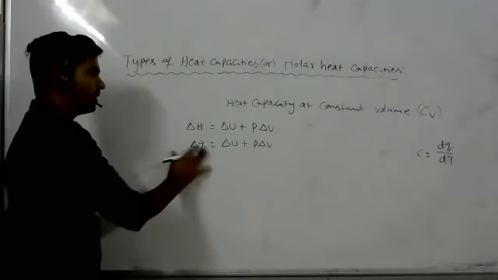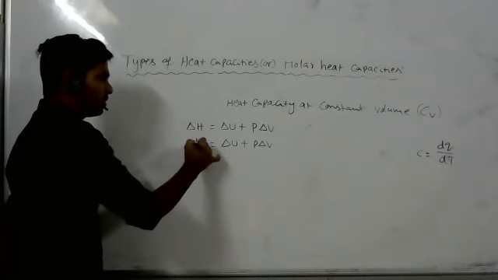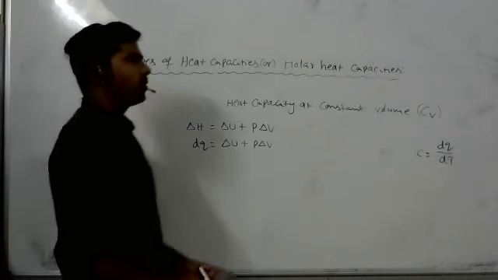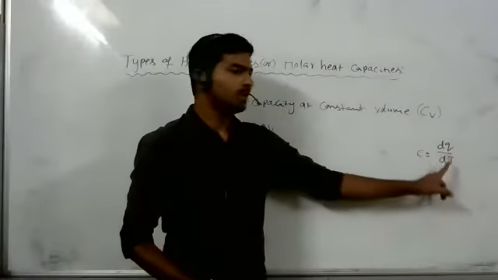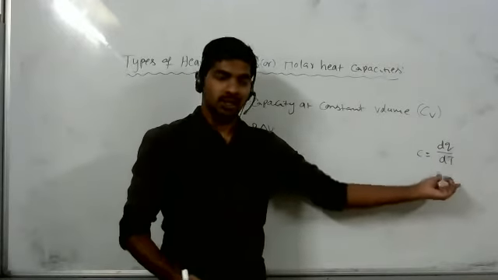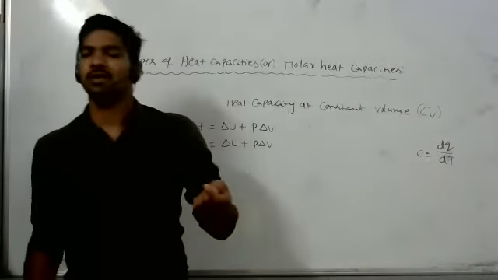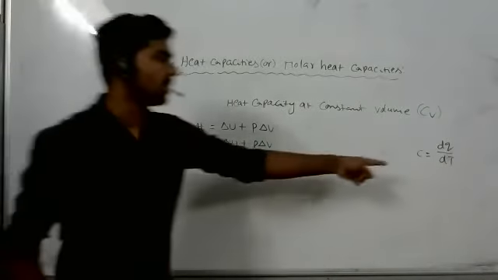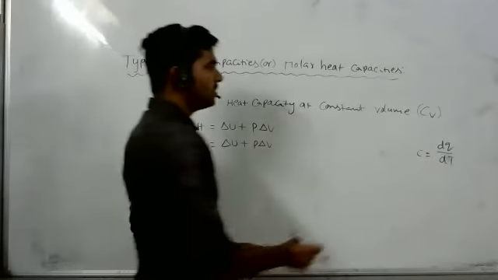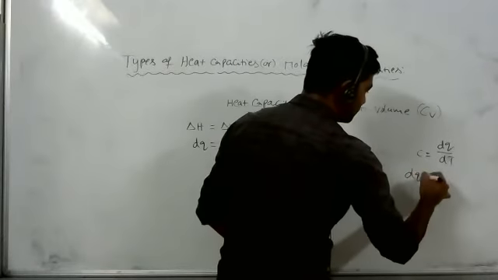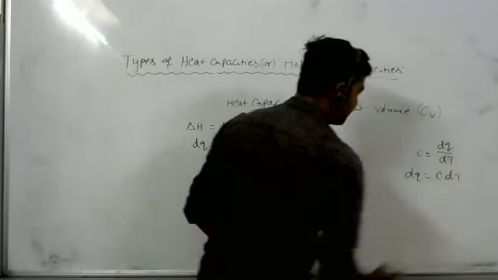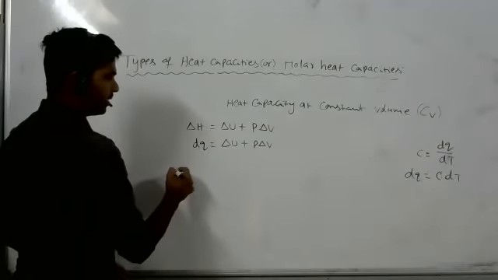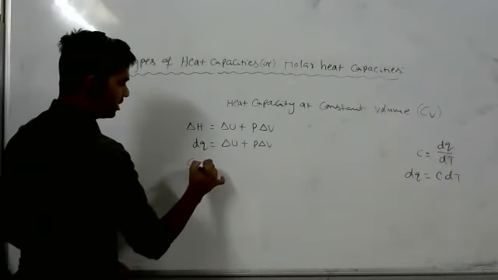So here delta Q means dQ only. A small amount of heat absorbed by a system is dQ, and the small change in temperature is dT. So from this, we may write dQ is equal to C into dT.